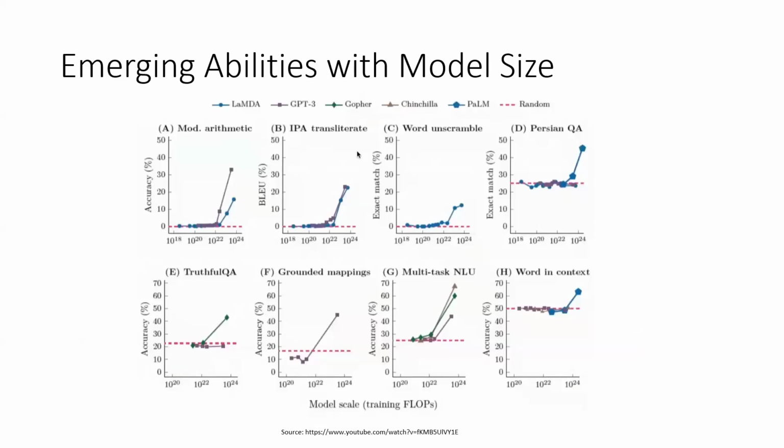So there's a paper where they have compared these different types of large language models like PaLM, Gopher, Chinchilla, GPT-3, and so on.